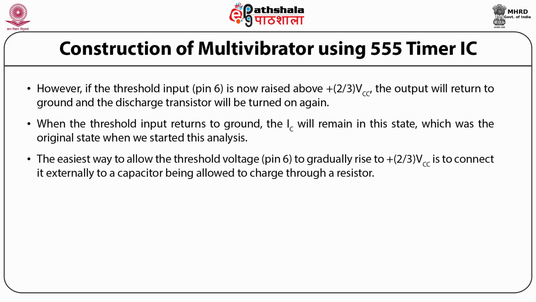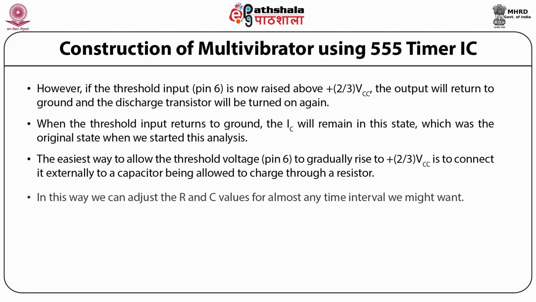So the easiest way to allow the threshold voltage to gradually rise to 2/3 VCC is to connect it externally to a capacitor, which is allowed to charge through a resistor. In this way, we can adjust the R and C values for almost any time interval we want.